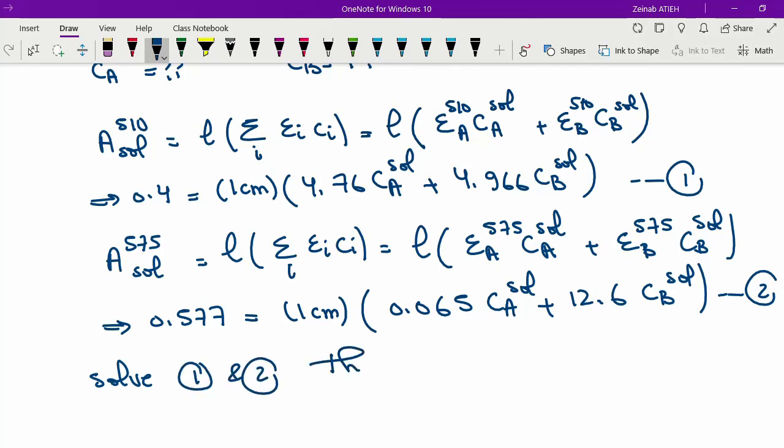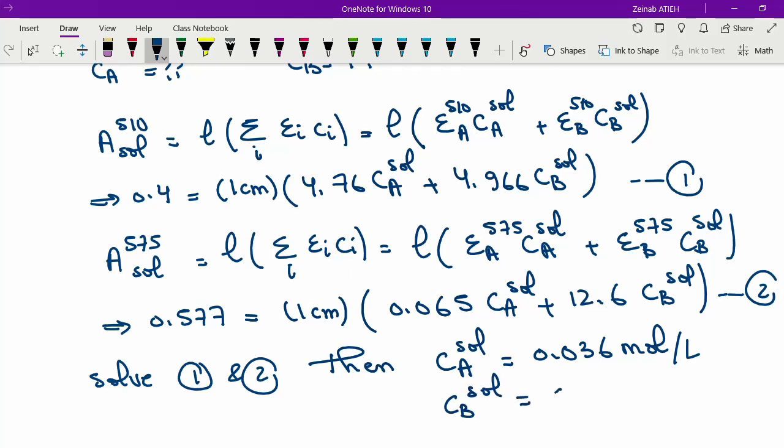Then we will get Ca, try it at home, it will be 0.036 mole per liter, and Cb will be 0.0456 mole per liter. And that's it.